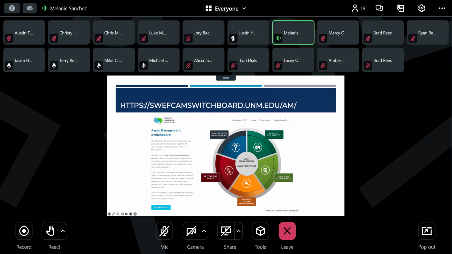And the last thing I wanted to share on asset management is the Southwest Environmental Finance Center Asset Management Switchboard. I know they have a lot of valuable information and resources that walk you through navigating asset management. You see the 5 core components there, and it takes you a little bit past the basics of what we talked about today.